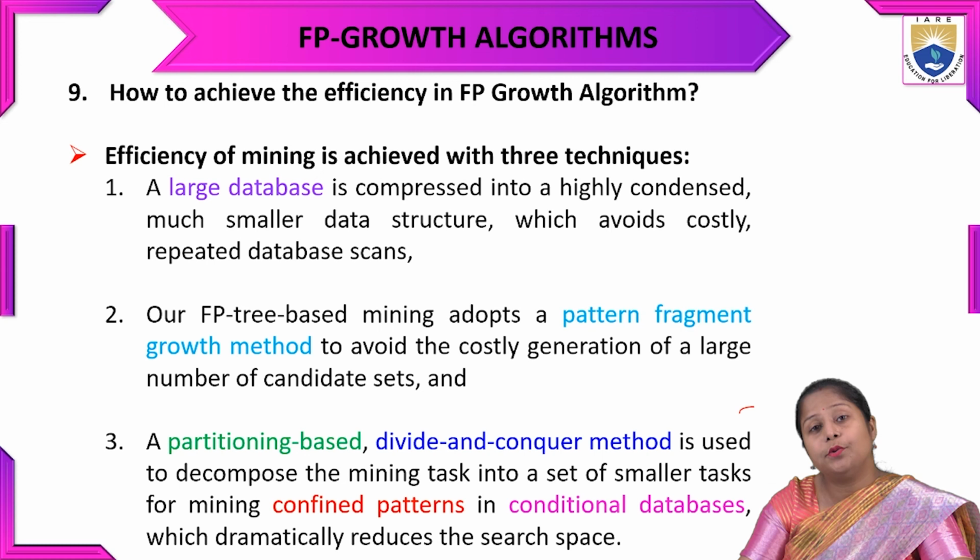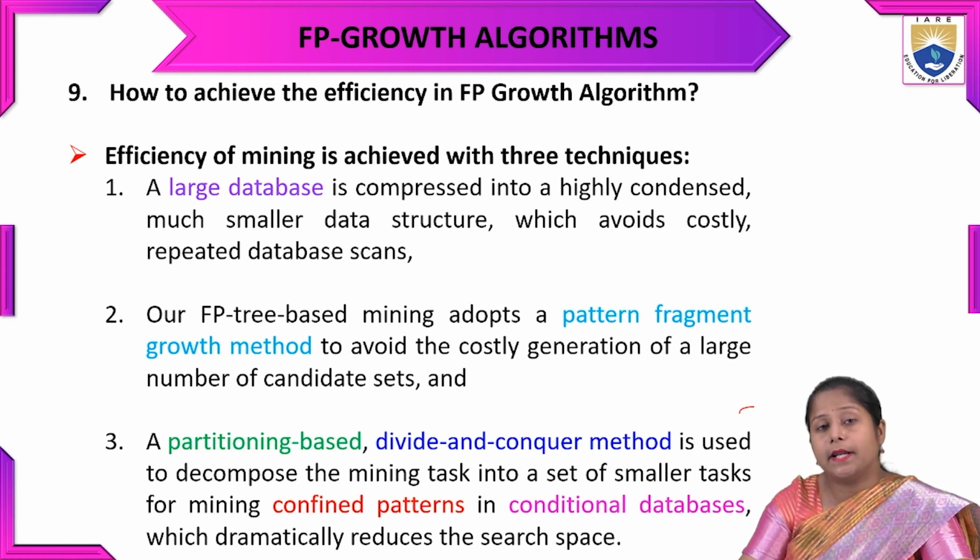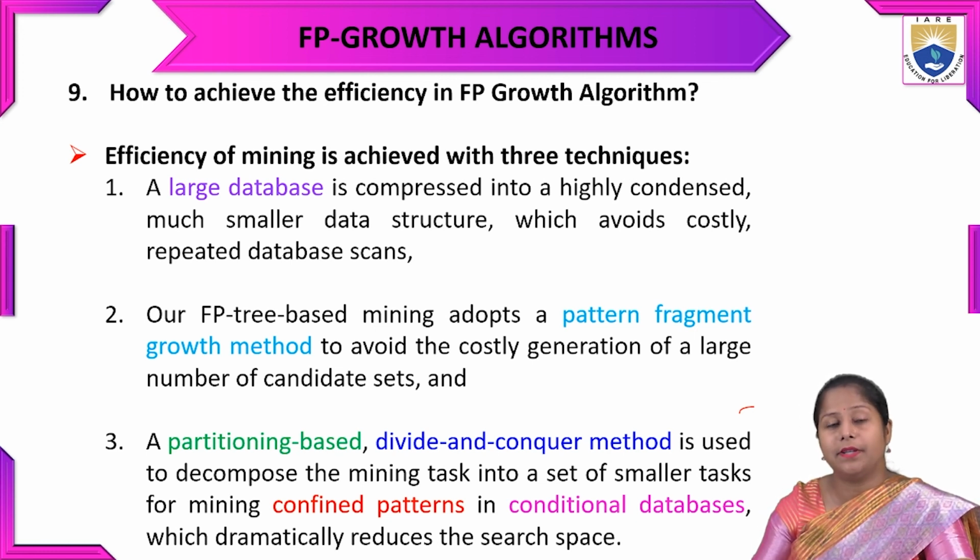For that it uses conditional databases. The conditional FP tree will be formed later, but before that we have to make the conditional pattern base, which dramatically reduces the search space. So these are the three techniques by which we achieve efficiency.